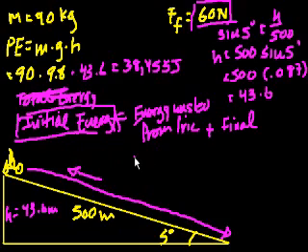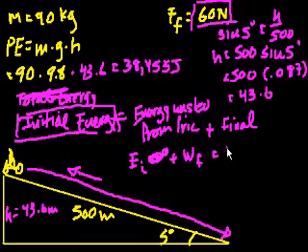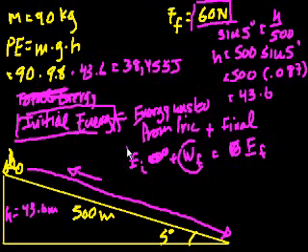Another way of thinking of this problem is the energy initial plus the negative work of friction, if we say that this is a negative quantity, is equal to the final energy. Here I took the friction and put it on the other side because this is going to be a negative quantity in the system. And so you should always make sure, as a reality check, that if you have friction in the system, your final energy is less than your initial energy.